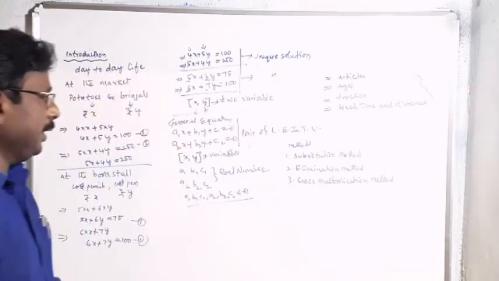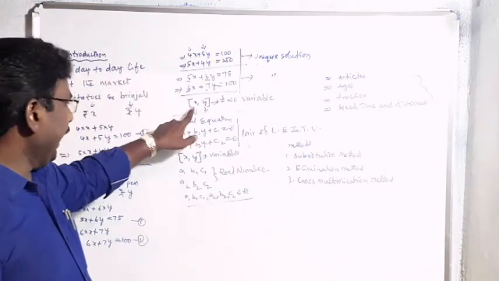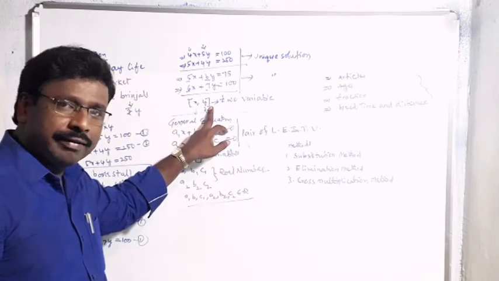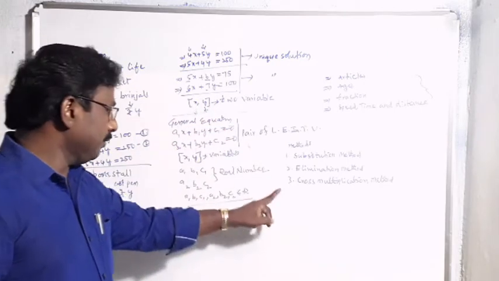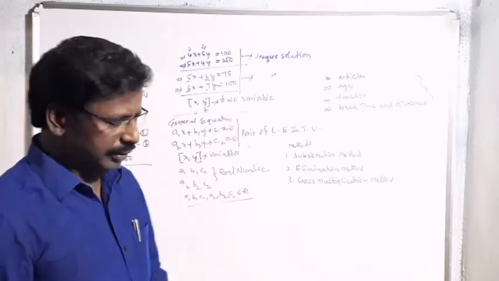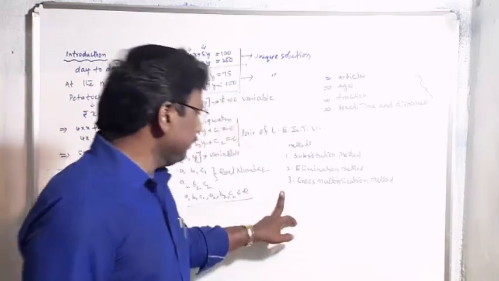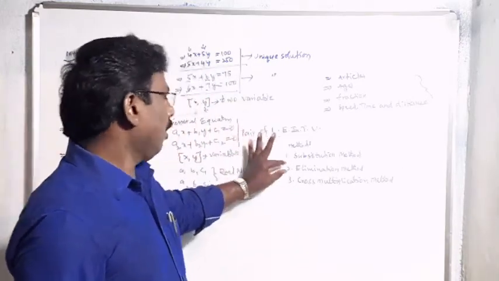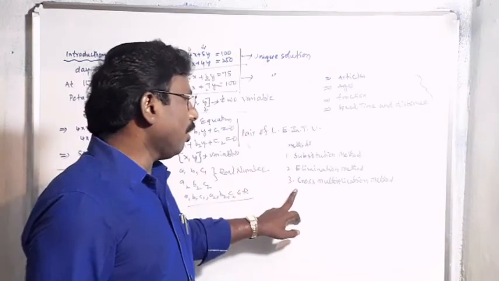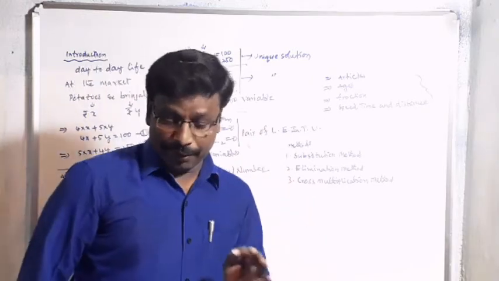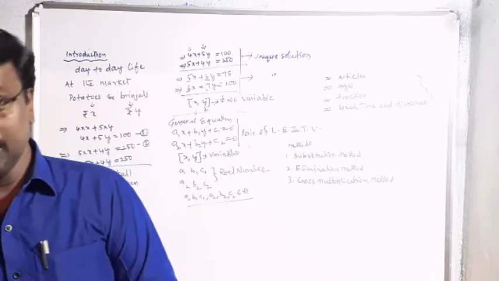These are the methods to find x value and y value. To find x value, you can use any one method. From these three methods, you can use substitution method or elimination method or cross multiplication method, and find the value.